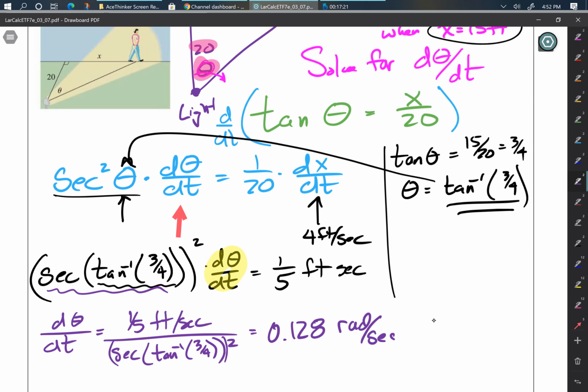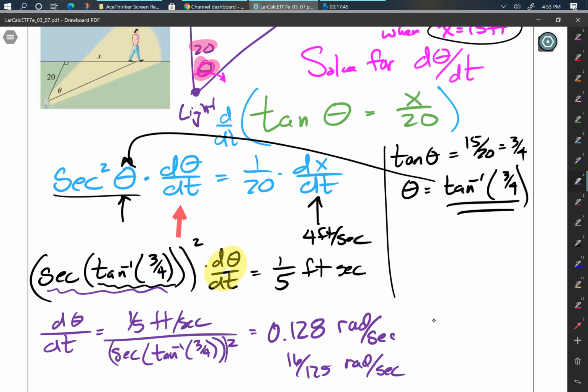So when the man is 15 feet away from the closest point, that angle is changing at a rate of 0.128. If you prefer a fraction, that is 16/125 radians per second.